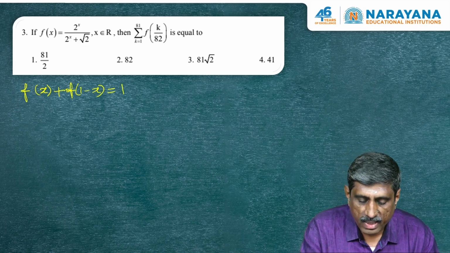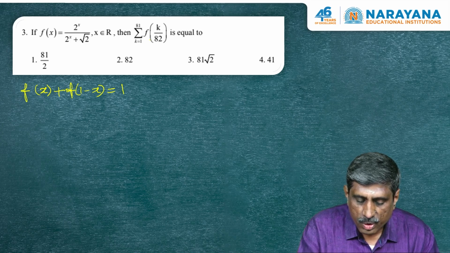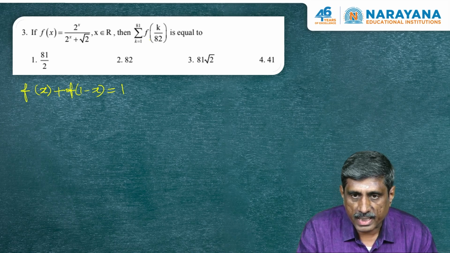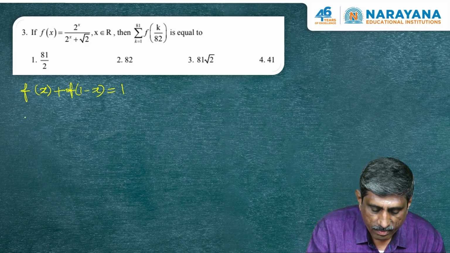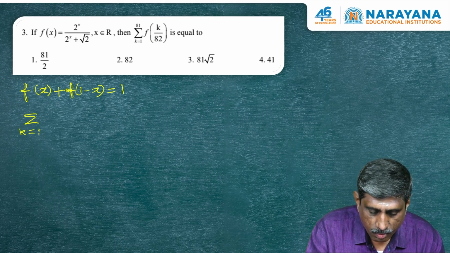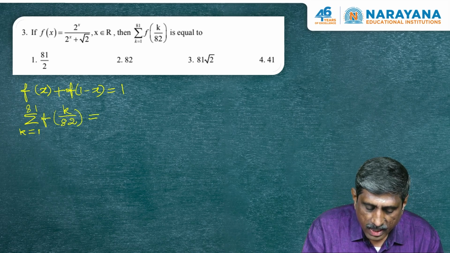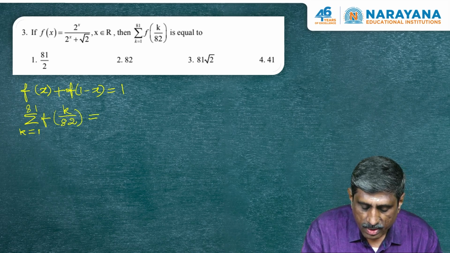Therefore, when you put k is equal to 1, you are getting f of 1 by 82. When you put k is equal to 81, you are going to get f of 81 by 82, which is f of 1 minus x. Therefore, when we simplify this, sigma k is equal to 1 to 81 f of k divided by 82, we are going to get f of 1 by 82 and f of 81 by 82 pair up, all are going to be the same.